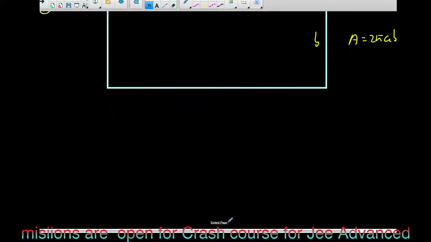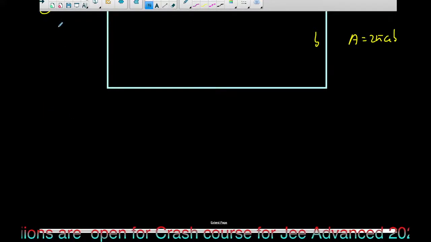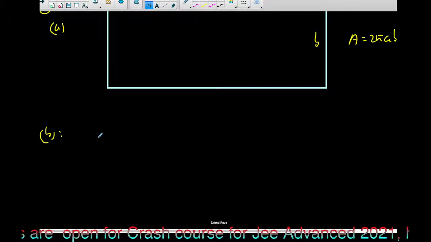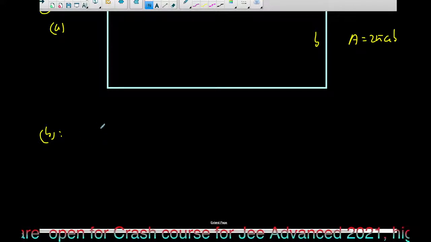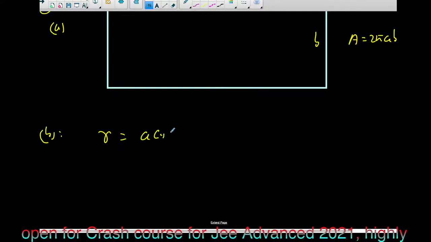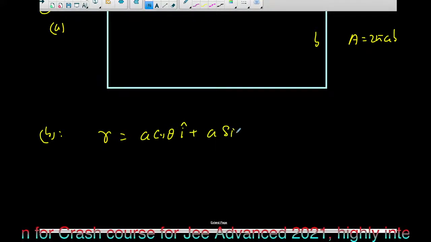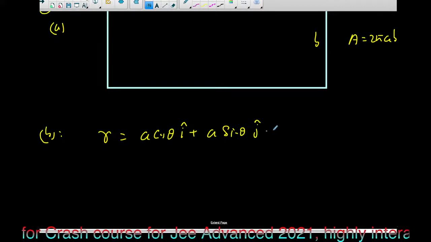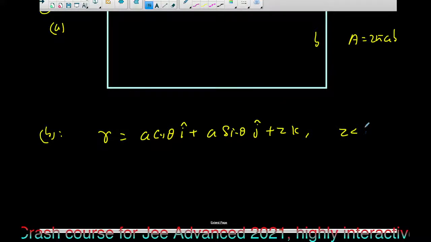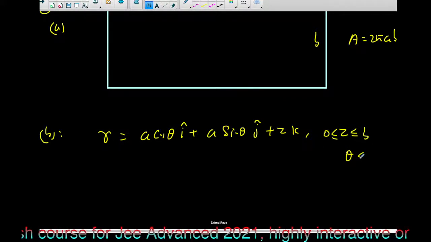अब यही आंसर आना चाहिए, ये तो क्लियर, लेकिन ये तो ऐसे बता दिया गया। अब यहाँ पैरामीट्रिकली जब डिफाइन किया गया सिलेंडर को, ये फर्स्ट मेथड हो गया। सेकंड मेथड में सिलेंड्रिकल पैरामीट्रिकली डिफाइन करें, तो r was defined with a cos theta into i unit vector plus a sin theta into j unit vector and plus z k, where z lies between 0 to b and theta lies between 0 and 2 pi.